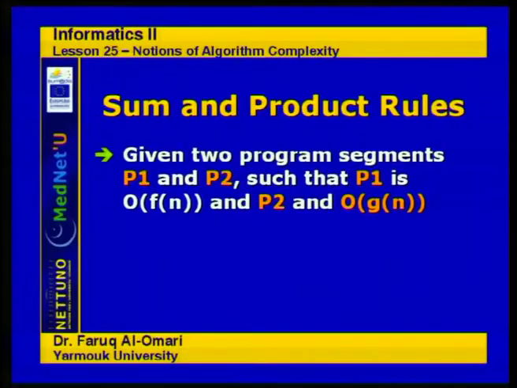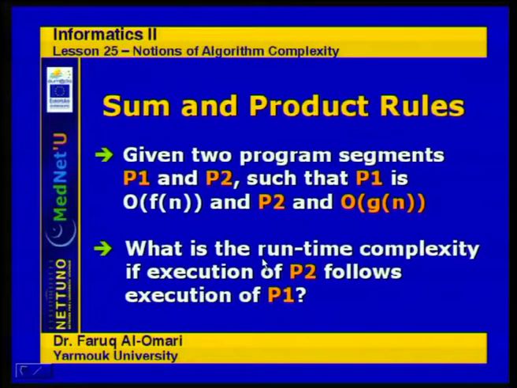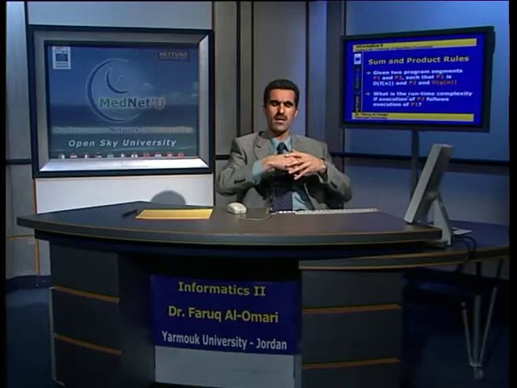Sum and product rules. Given two program segments, program 1 and program 2, such that P1 is in the order of f(n) and P2 is in the order of g(n), what is the runtime complexity of an algorithm which combines these two? How am I going to execute these two?